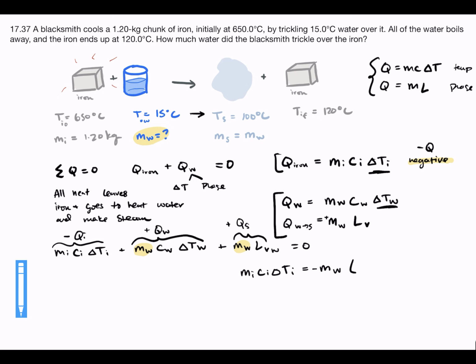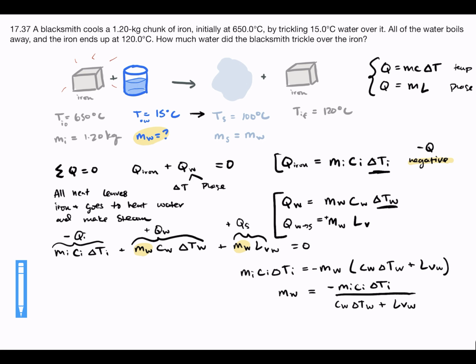So the mass of water is equal to negative m iron C iron delta T iron, divided by C water delta T water plus latent heat of vaporization of water.